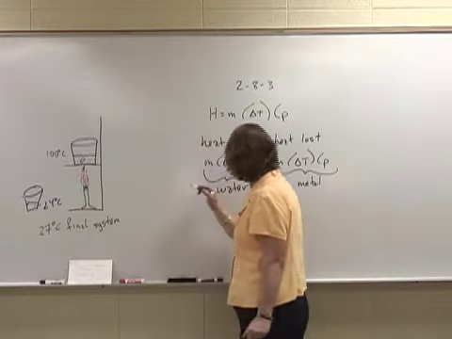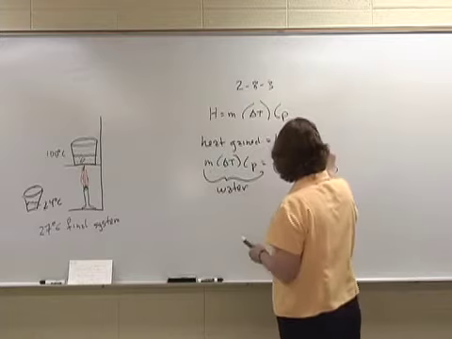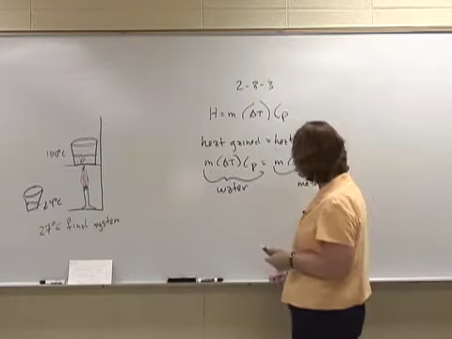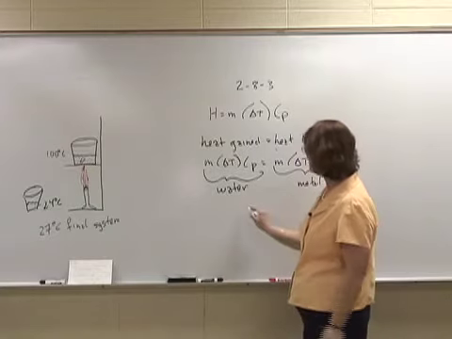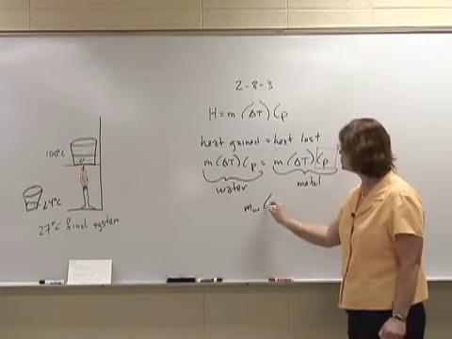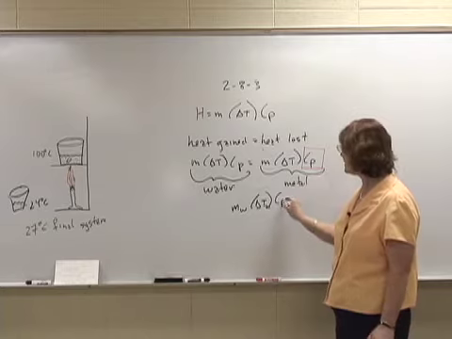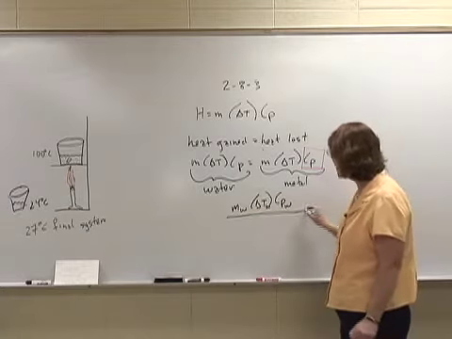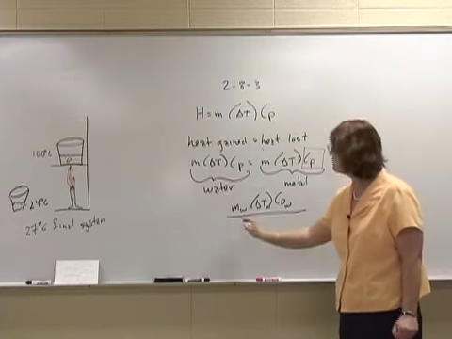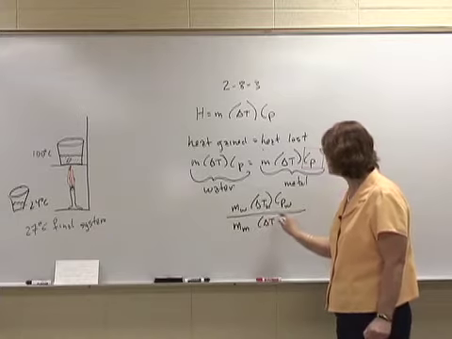So in my equation here, I'm going to be solving for the specific heat of this metal. That is my unknown. And by rearranging these values, I can say that the mass of the water, W is for water, times the change in temperature of the water, times the specific heat capacity of the water, divided by, because undoing multiplication, I'm going to divide by the mass of the metal and the change in temperature of the metal.